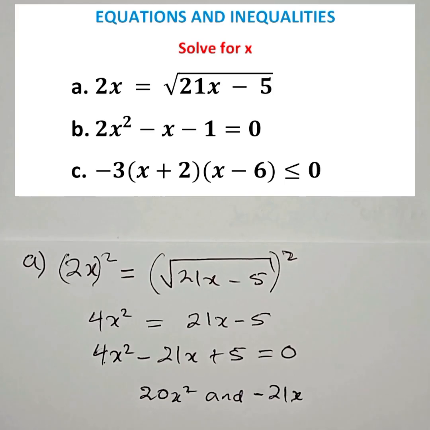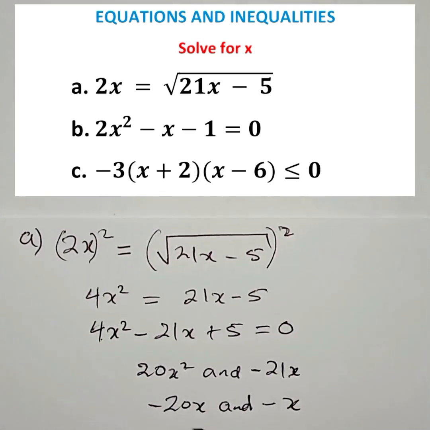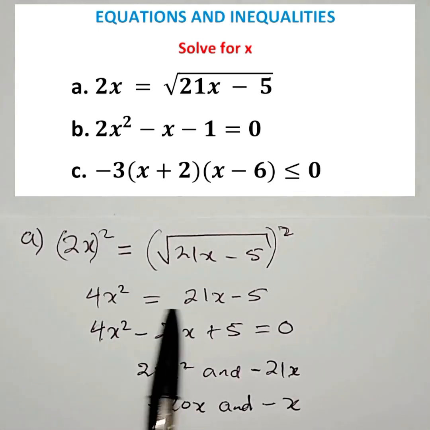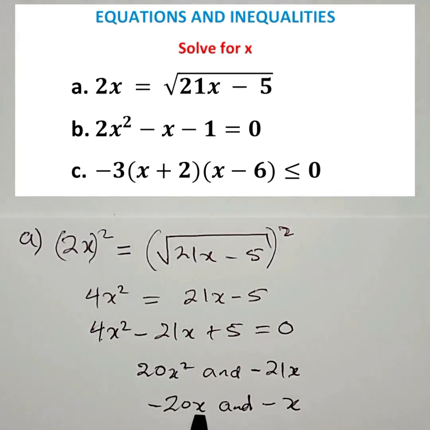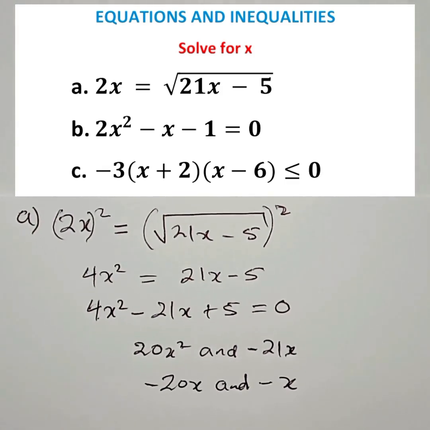And those numbers are minus 20x and minus x. Okay, so these numbers, you can just put them at that place of minus 21 because minus 20x minus x, you still get minus 21. So we're just doing that so that we'll be able to factorize.